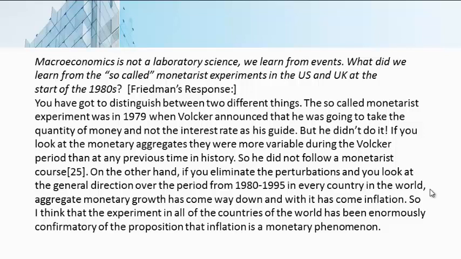Volcker did not follow Friedman's rule, and if you look at 1980 to 95, aggregate monetary growth has come down, and with it has come inflation. So basically he says that inflation is purely monetary, and that's proven by the data.